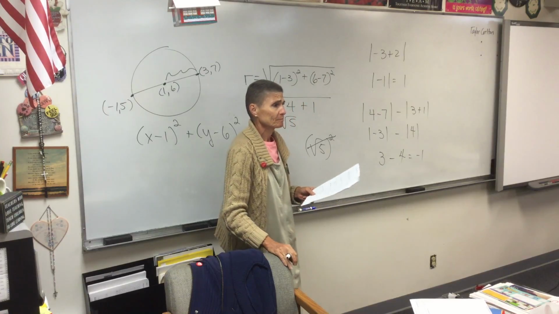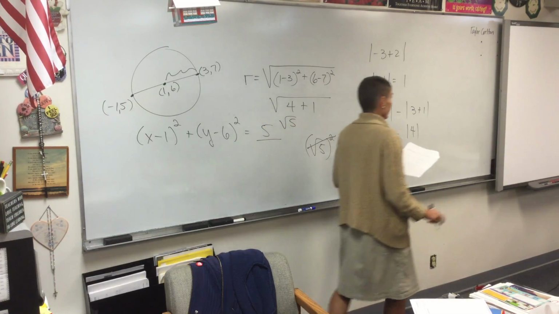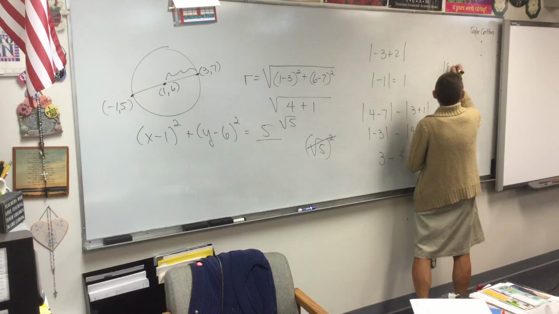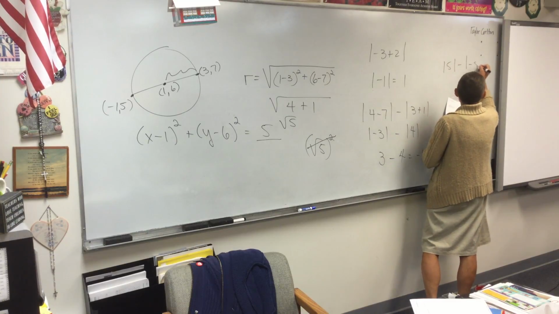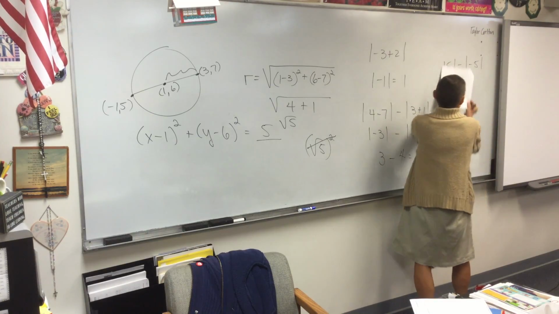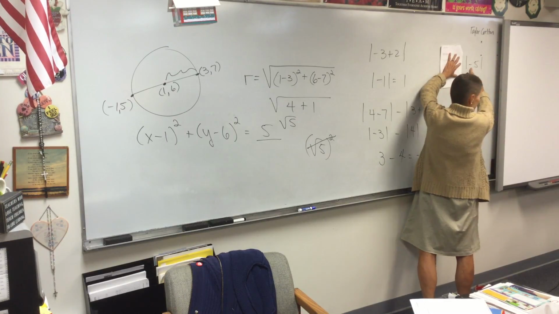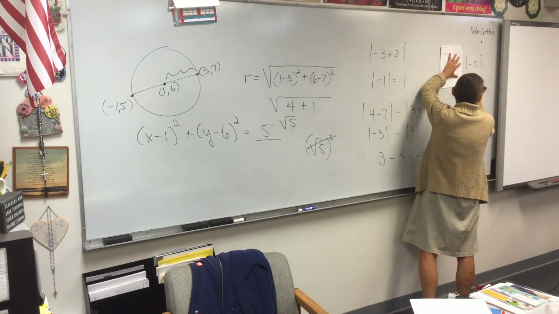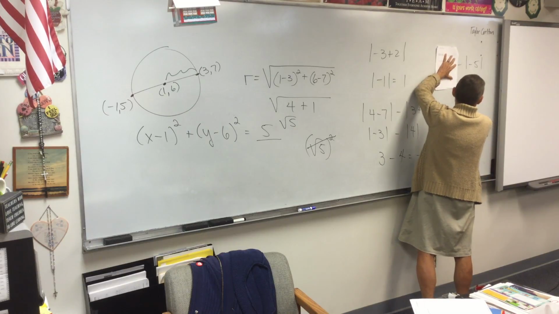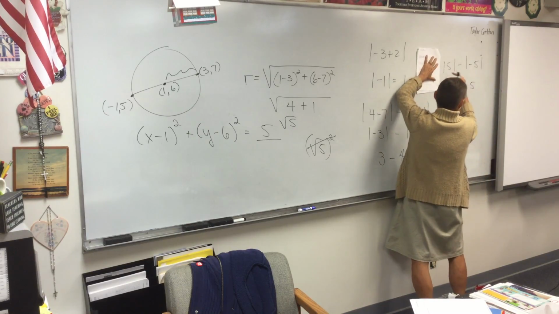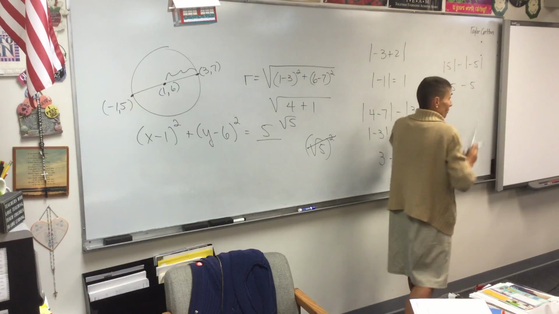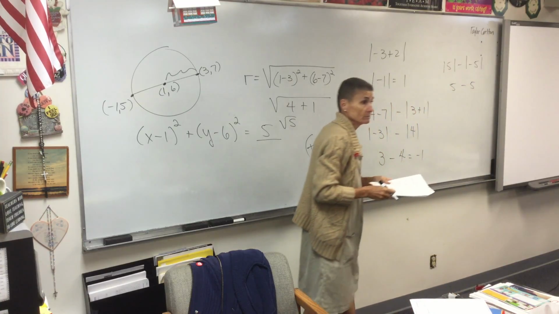What's C? Be very careful. Do those negatives cancel? No, no. They don't cancel because the absolute value takes care of that one, right? That's just going to be 5. What's this one? 5. What's the answer to the problem? 0.